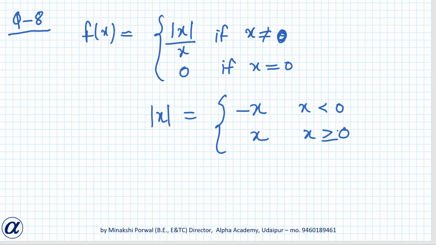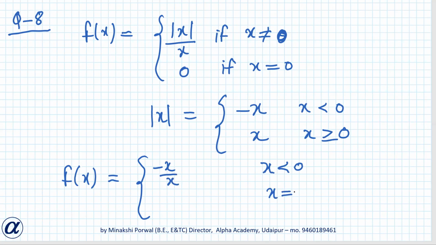So the first step is rewriting the function. When x is less than 0, it is minus x upon x. When x is equal to 0, it is 0. When x is greater than 0, it is x upon x. So minus x upon x can be written as minus 1 and x upon x can be written as 1.